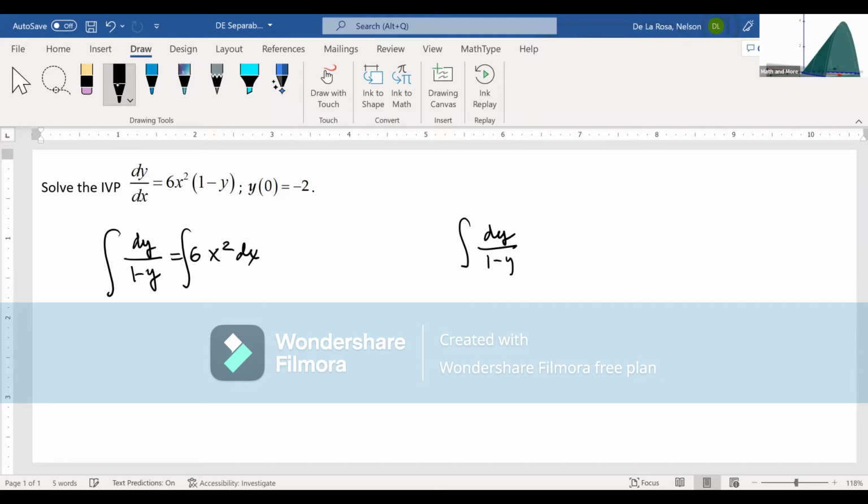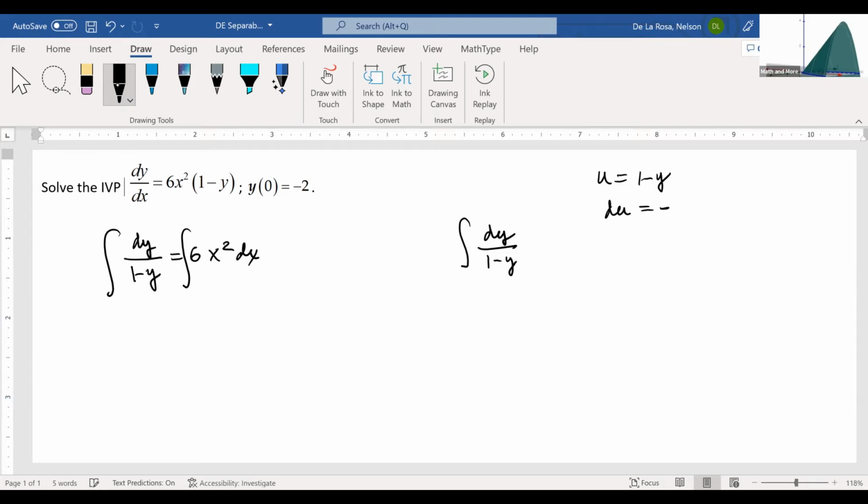over 1 minus y. This integral can be solved using u substitution. So we can set up u as 1 minus y. Then du is going to be negative dy. So in this context, dy is negative du.